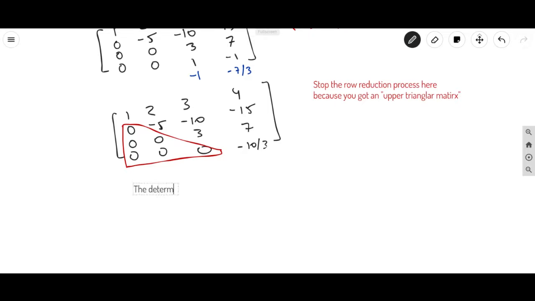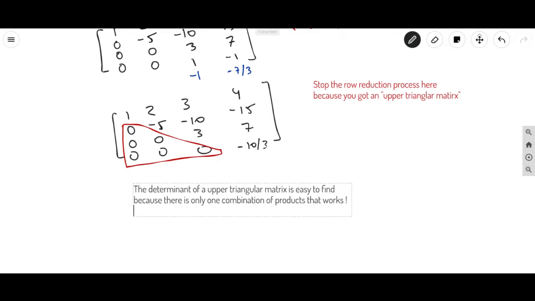The determinant of a triangular matrix, of an upper triangular matrix, is easy to find because there's only one combination of products that works, and that is just the diagonal.